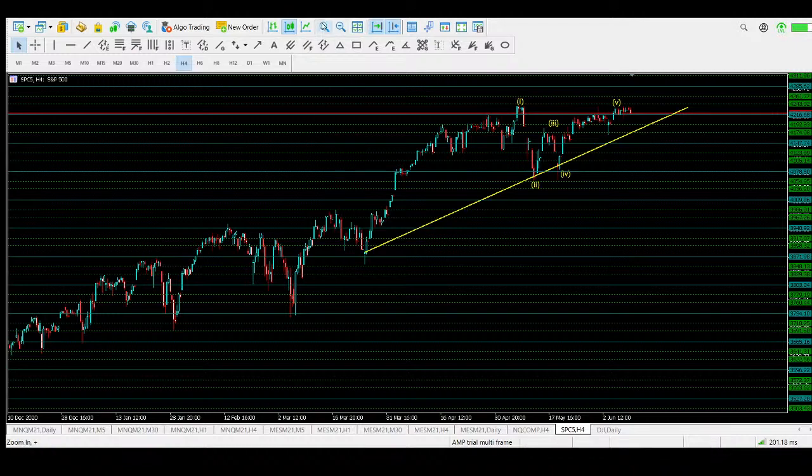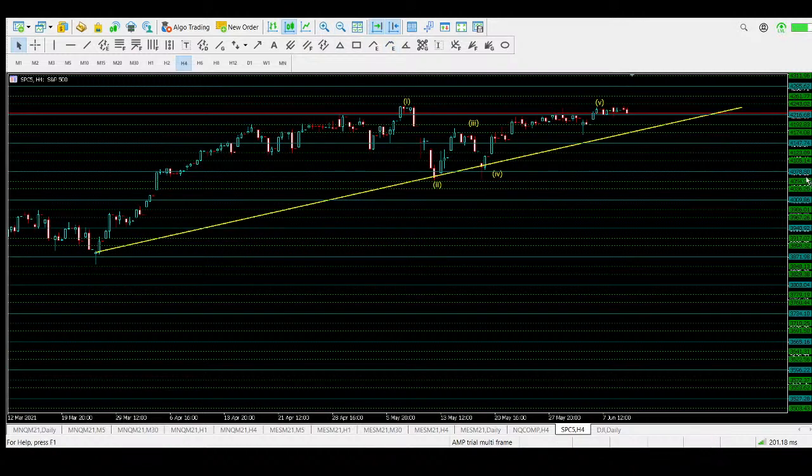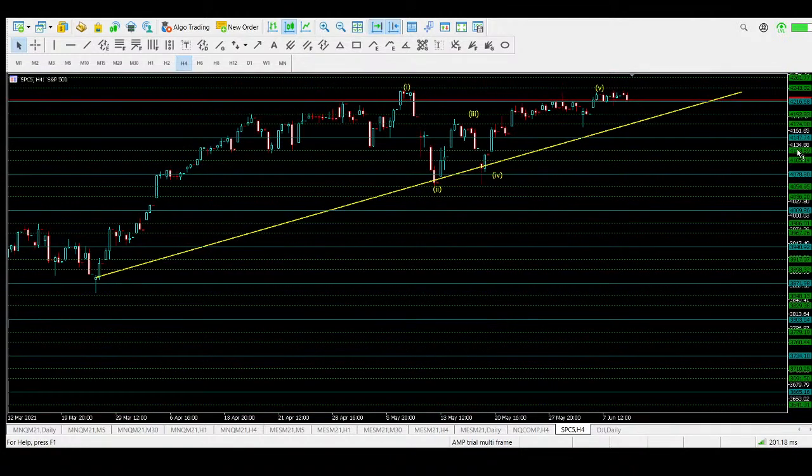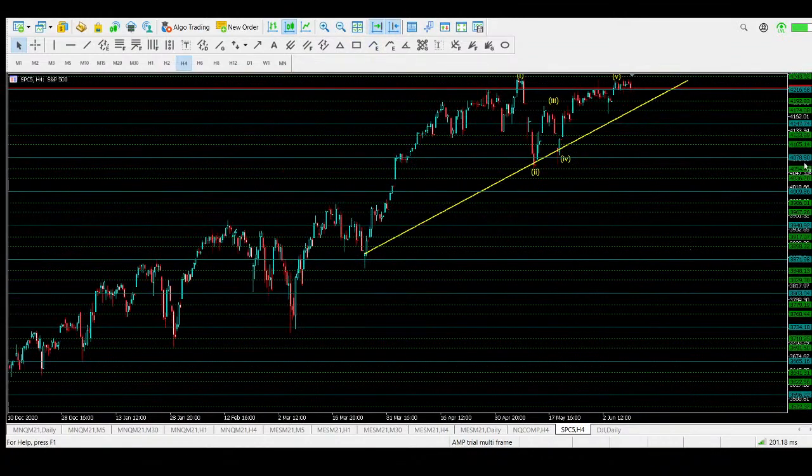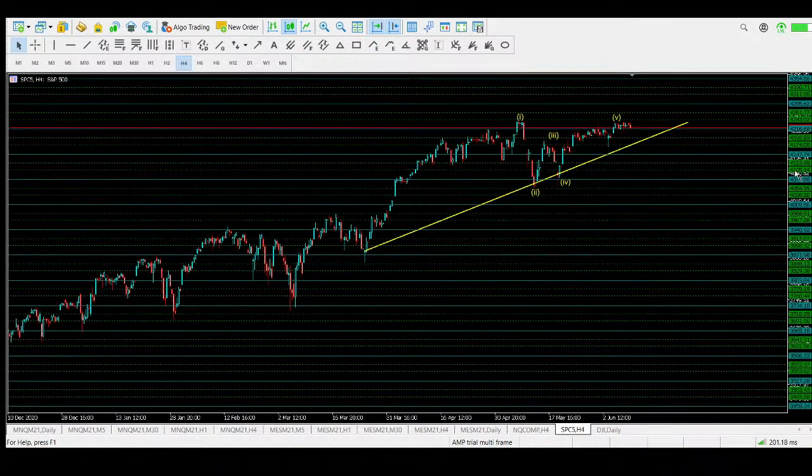So you can see that level has been tested many times. And I have plotted this Elliott wave. The 1, 2, 3, 4, 5 wave is complete. What's next? We'll have to wait and see.